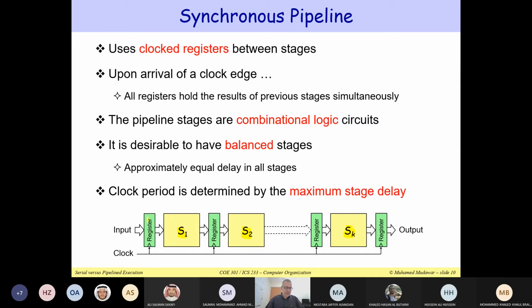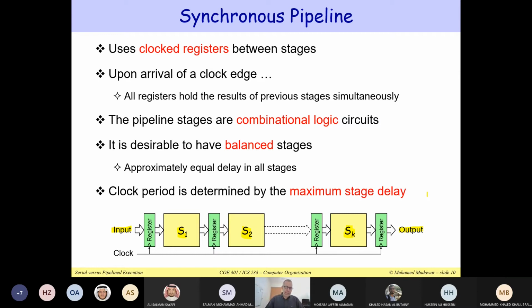The first register receives some input, and the last stage produces the final output. For example, if you have a pipelined functional unit or execution unit that takes multiple cycles to execute, you can break it down into multiple stages and introduce a register at the output of each stage. This way, you have a pipeline.